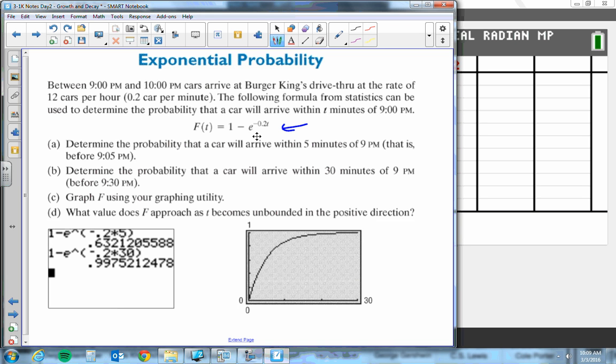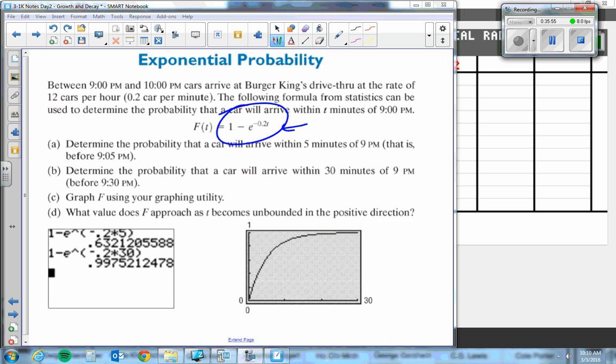And so, at this time of day, if you want 10 minutes, it would tell you the probability of someone coming up with a car within the next 10 minutes. Next 1 minute, it would give you that probability. But look at it, it's another exponential formula. It's kind of a unique application of it. All right, we'll stop there.